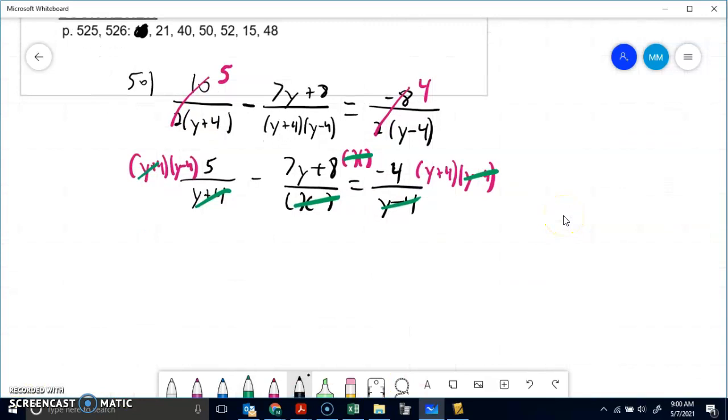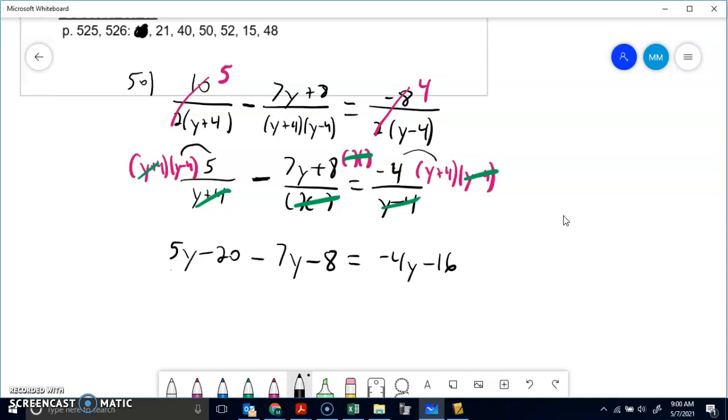So what I'm working on then is distributing 5, so that's 5y minus 20, minus, watch the sign, I'm subtracting this whole denominator, so I'm actually subtracting the 8 as well. And then I have negative 4y minus 16 when I distribute the negative 4. Gotta watch those negative signs.